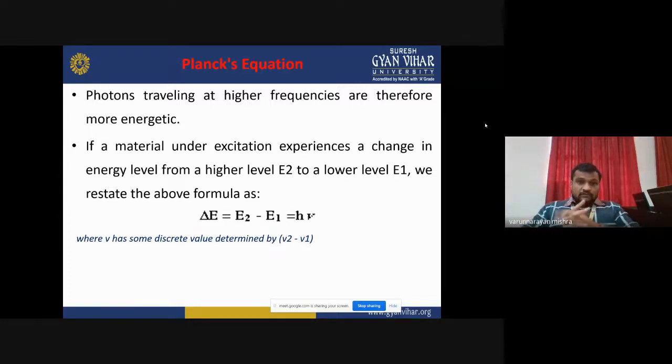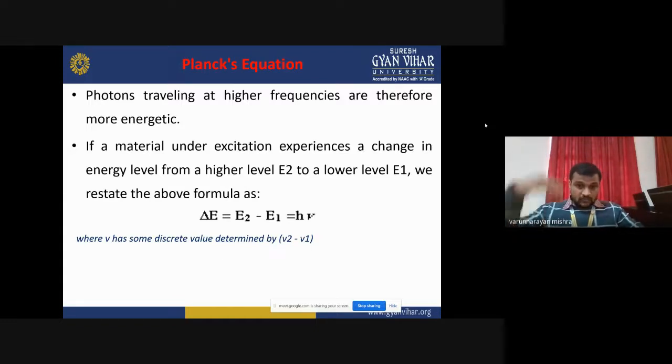As we know, photons or quanta are energy packets, and they travel at higher frequencies, therefore they have more energy. But if a material under excitation experiences a change in energy level, sometimes the charged particles or photons in the metal get excited after receiving an external energy source.